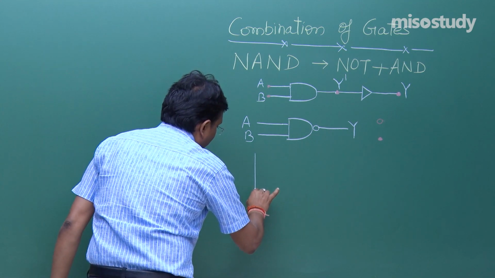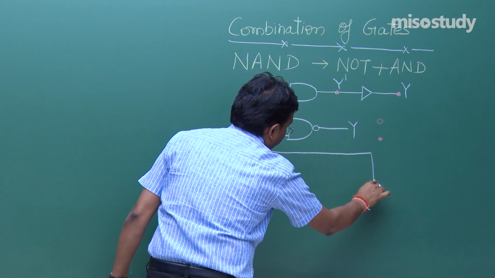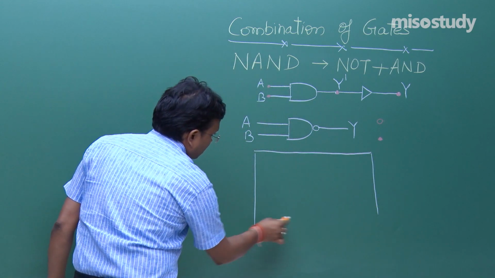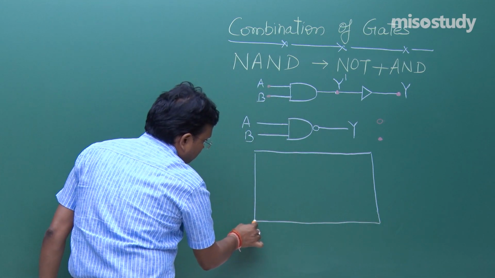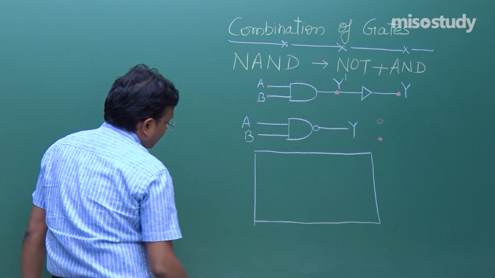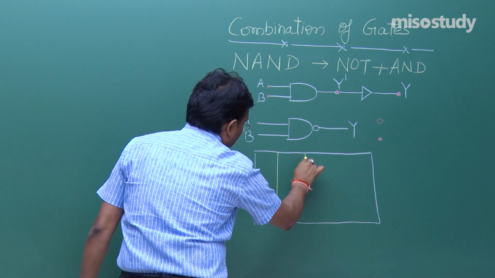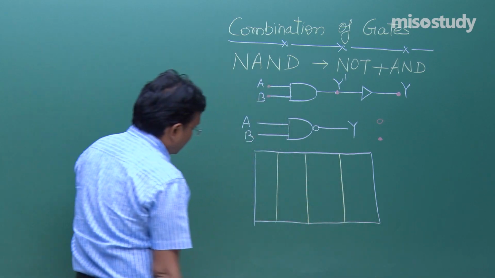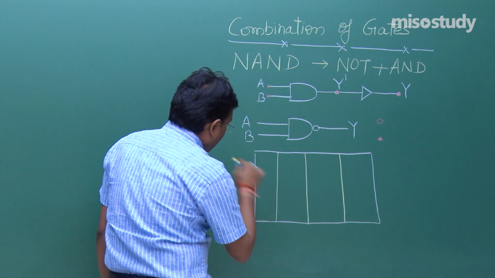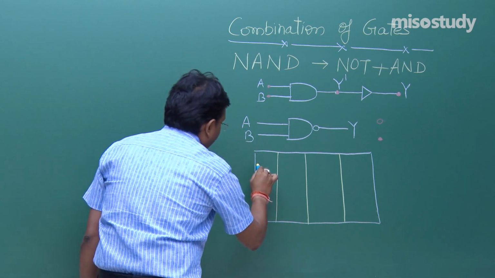Now, the important aspect is the truth table of this NAND gate. So this is the truth table, four columns, and then I should draw five rows.